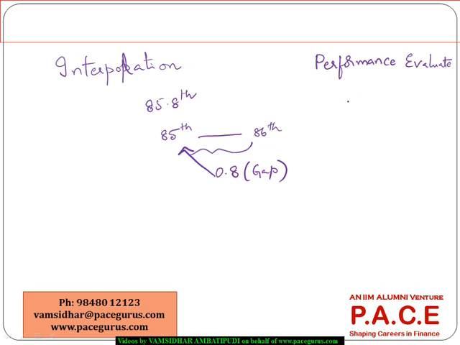Or we may want to do an evaluation between value stocks and growth stocks. Most of the time, value stocks, when I look at their price as a proportion of their earnings, have very low values, which means they could be in the bottom decile on P by E. Whereas growth stocks may be on the higher side with respect to P by E, which means they could be in the higher decile.